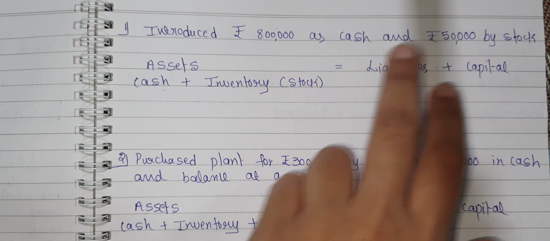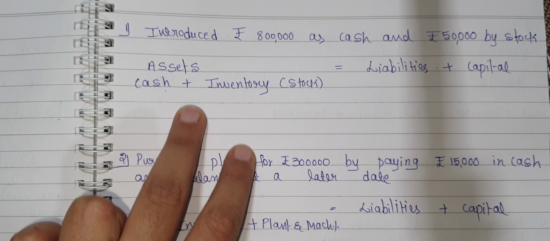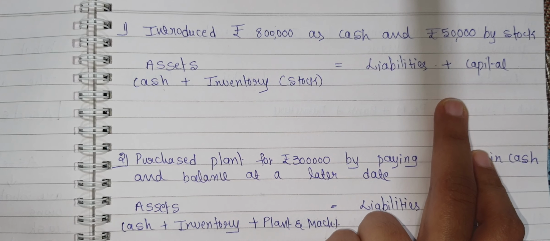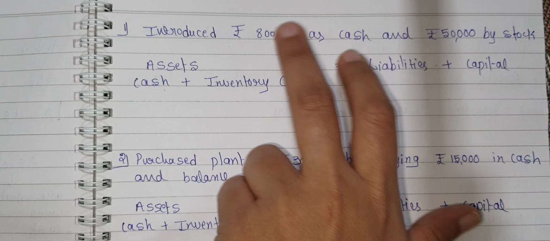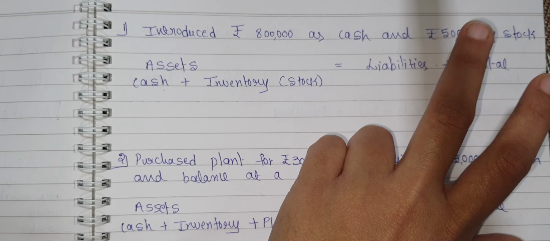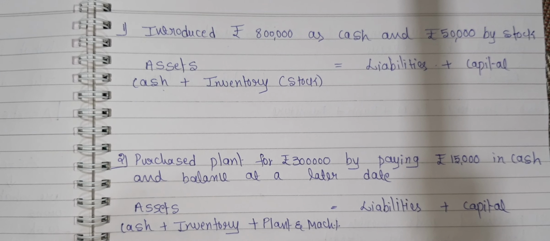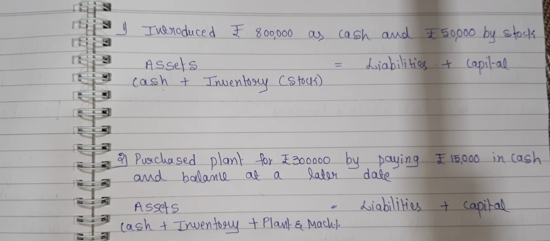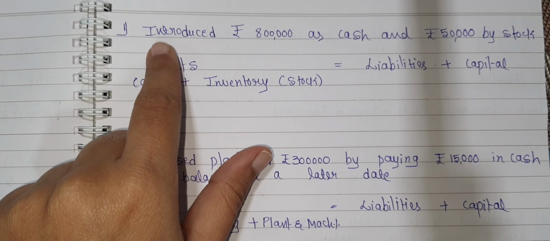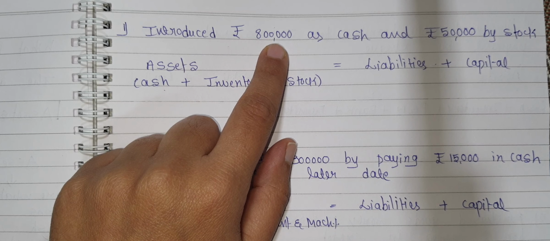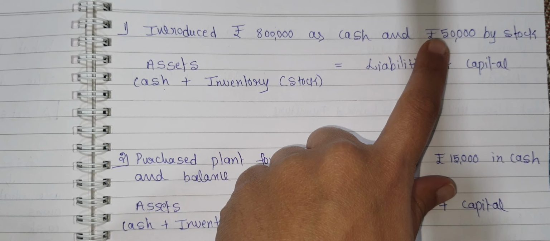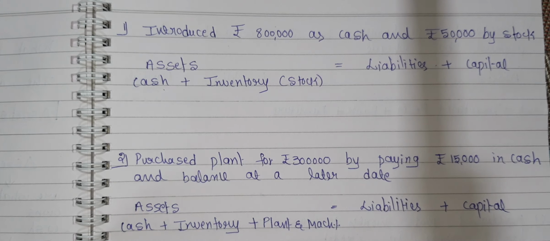It affects the asset side of the equation. Capital also increases by rupees 8 lakh plus 50,000, that is 8 lakh 50,000. This is the effect of the transaction: introduced rupees 8 lakh as cash and rupees 50,000 by stock.